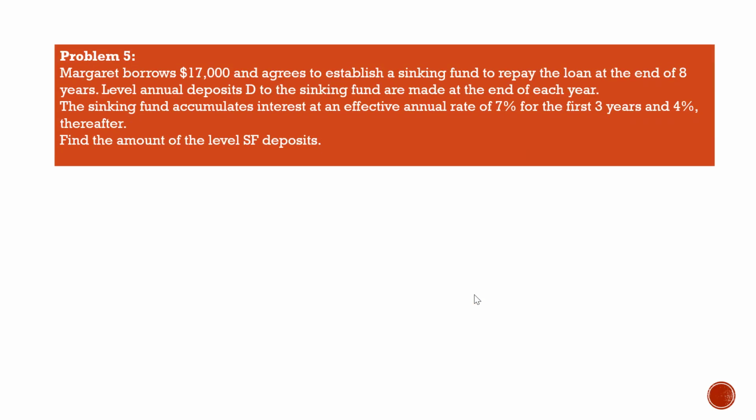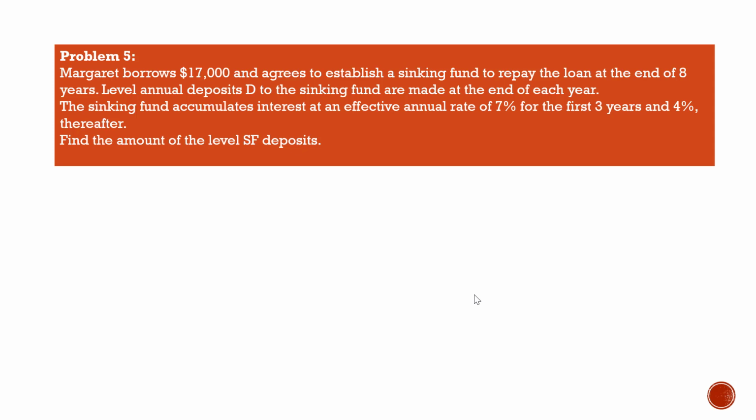Problem number 5. Margaret borrows 17,000 and agrees to establish a sinking fund to repay the loan at the end of 8 years. Level annual deposits D to the sinking fund are made at the end of each year. The sinking fund accumulates interest at an effective annual rate of 7% for the first 3 years and 4% thereafter.